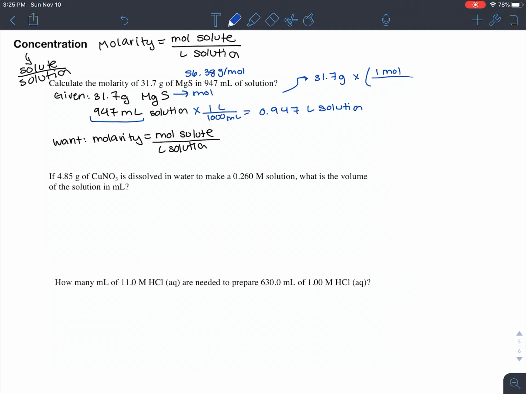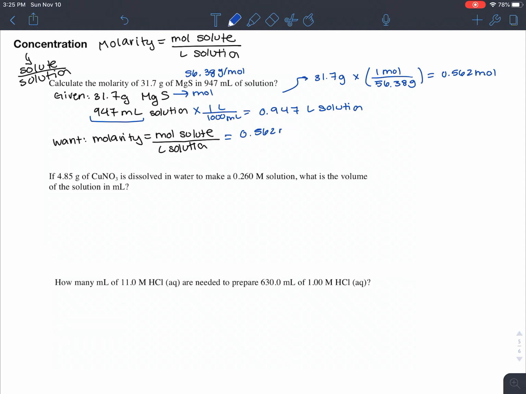Now, because you want moles, you have to get rid of grams. So 31.7 grams times 1 mole over 56.38 grams gives you 0.562 moles.